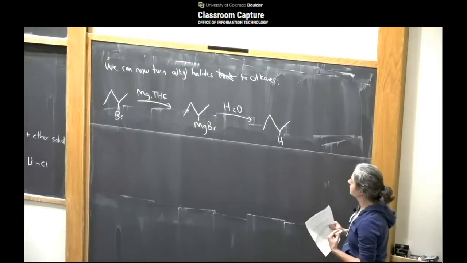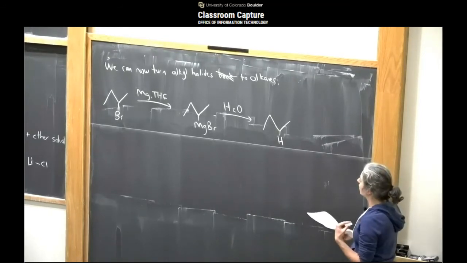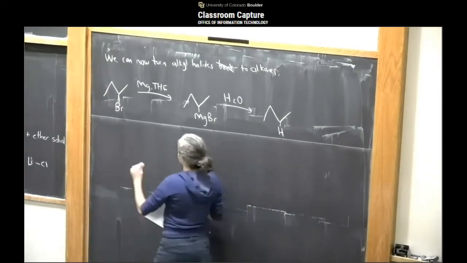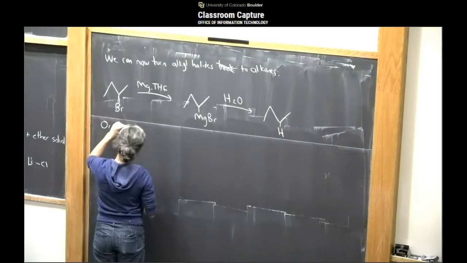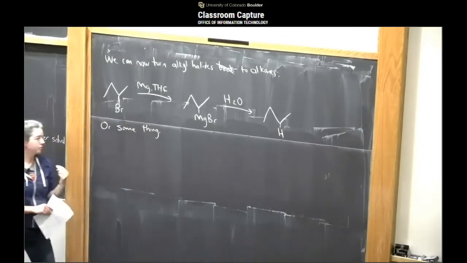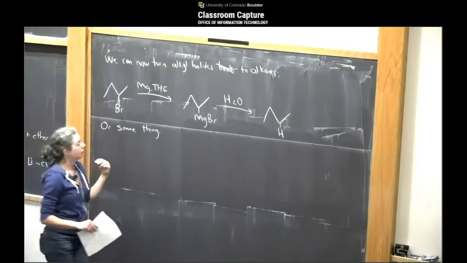Okay, so this is maybe useful if you've got a halogen on there and you want to get rid of it. One other thing it is actually super useful for is pretty much the same reaction, only instead of using water, let's use fancy deuterium labeled water, D2O. So if you remember, deuterium is an isotope of hydrogen.